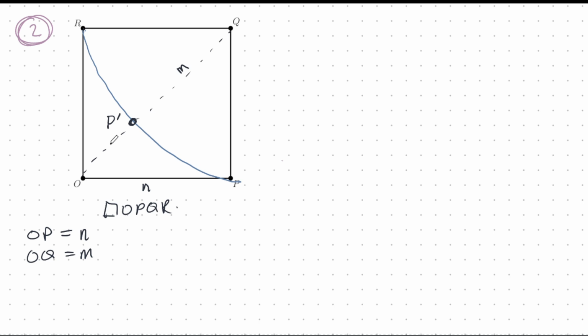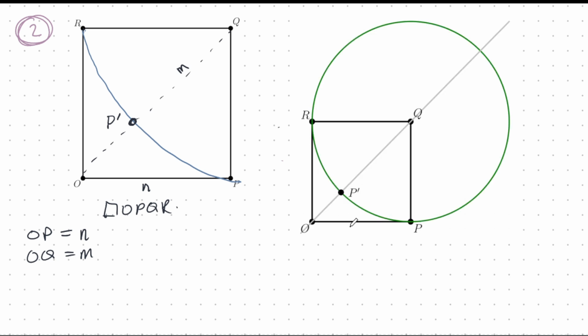Let me show you a bird's eye view of that. Okay, so this is N, this is M, here's our P prime, this is our big circle. Notice the circle goes through points P and R, and it's centered on Q. The radius of this circle clearly is N, because this is a square.